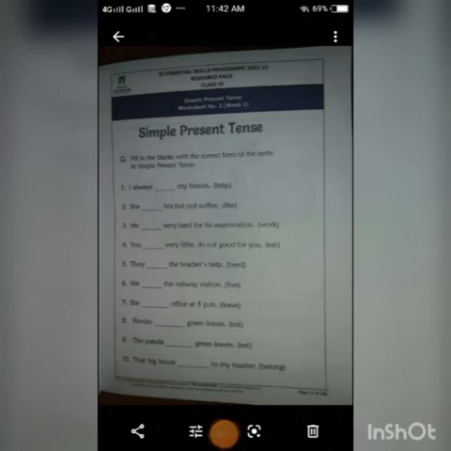Dear students, next is worksheet number 3 from page 17 of the resource pack. It's about simple present tense. Before solving this worksheet, we have to look at the tense. So let's start.